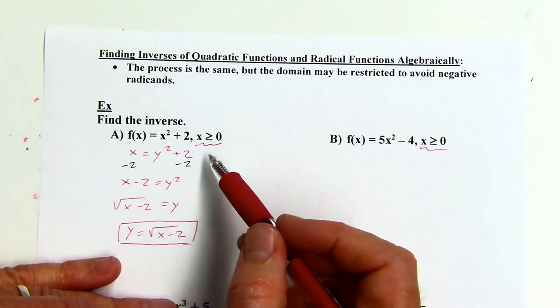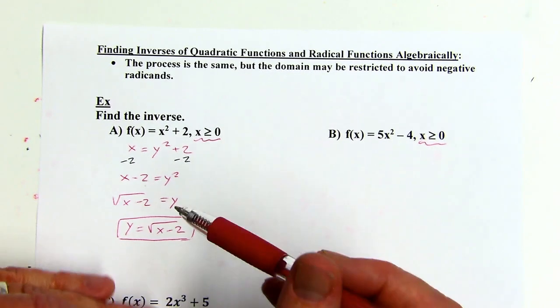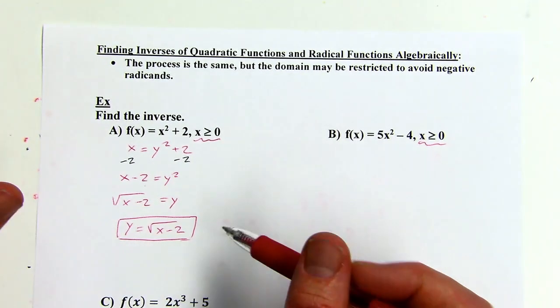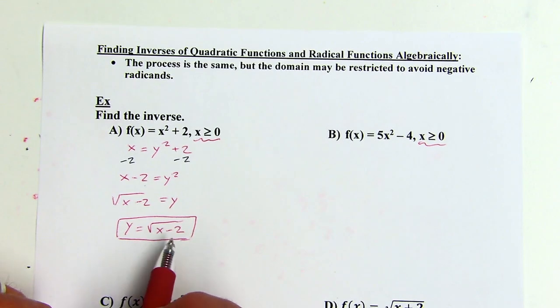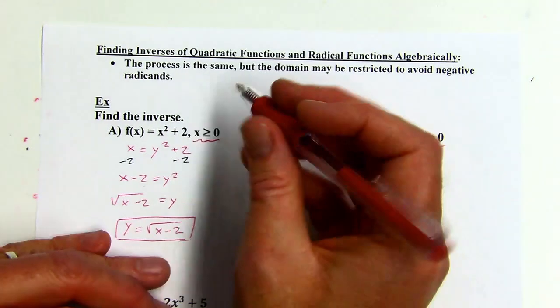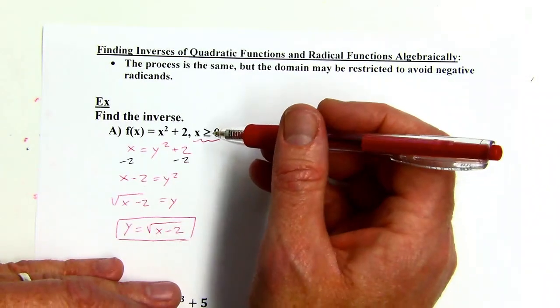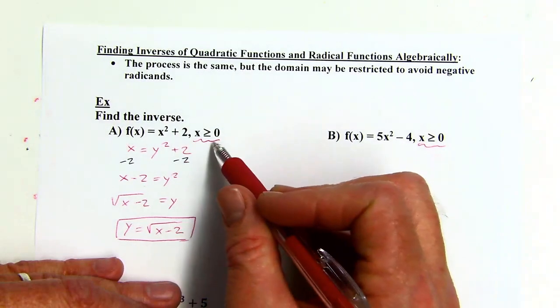Now, this is saying that x is greater than or equal to 0, and the reason for that is because if we had a number less than 0, we could get a negative number under the radical. It's kind of a technicality, but we have this restriction on the domain.